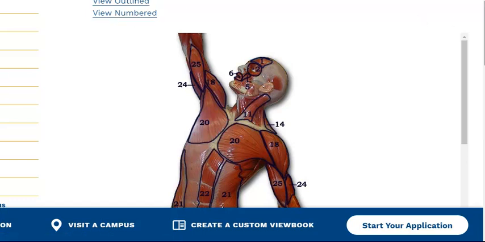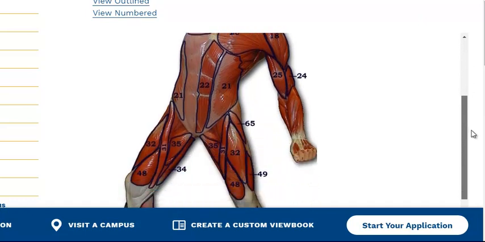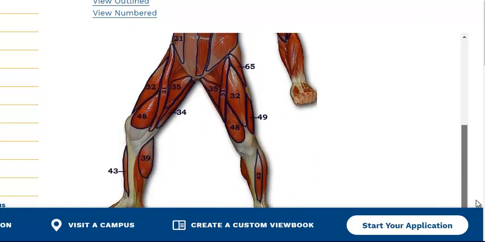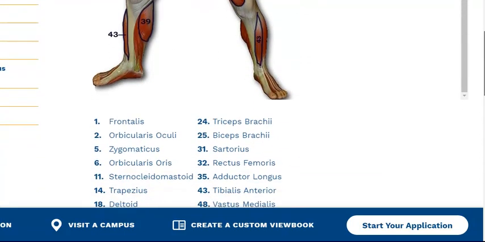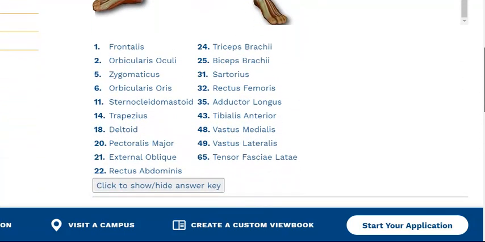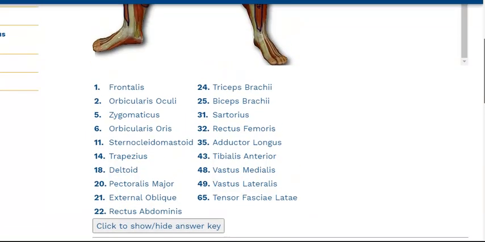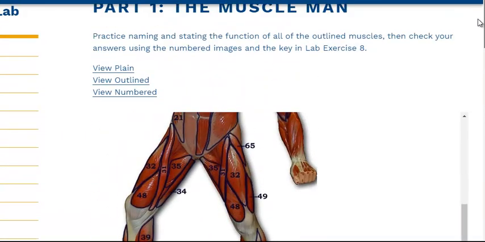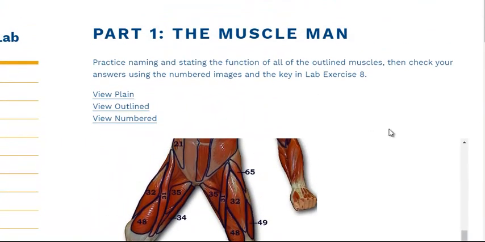So you can tell which one is which that way. And then underneath it, it gives the names of the different ones that you're supposed to memorize. Right there. So you can show or hide the answer key. So that's kind of nice. So let's start with the front, if it will let us.